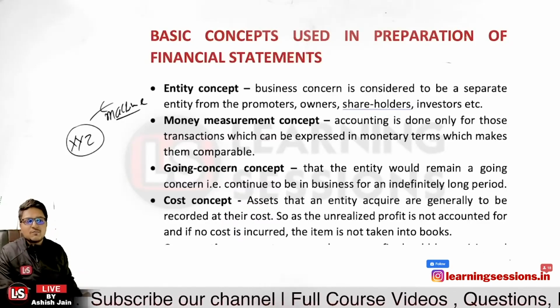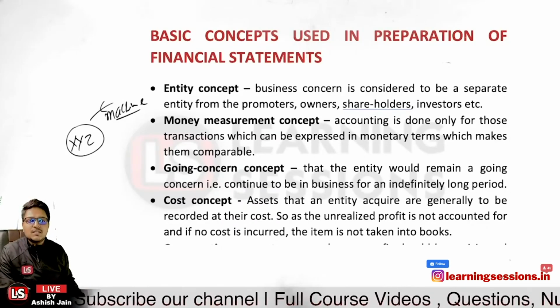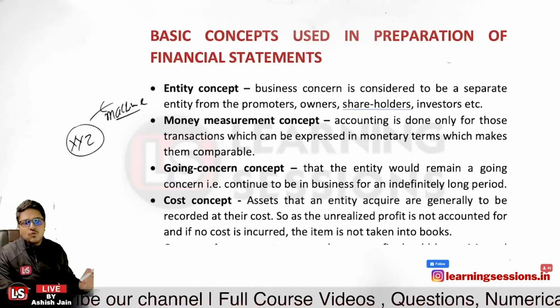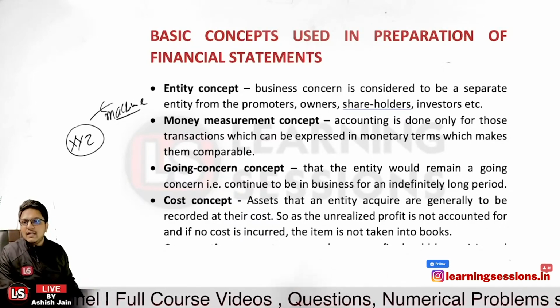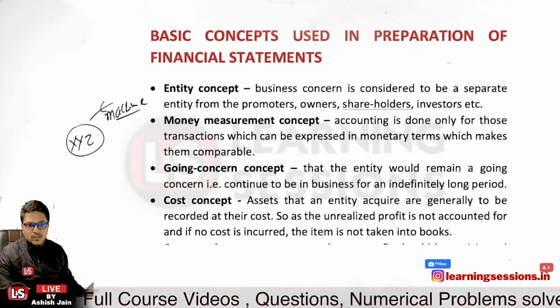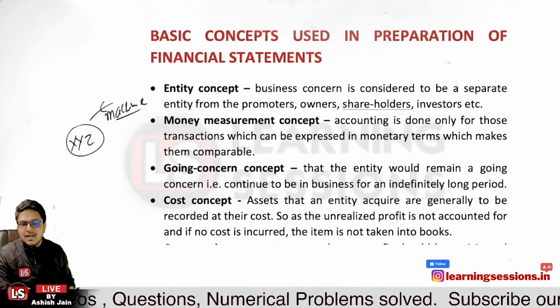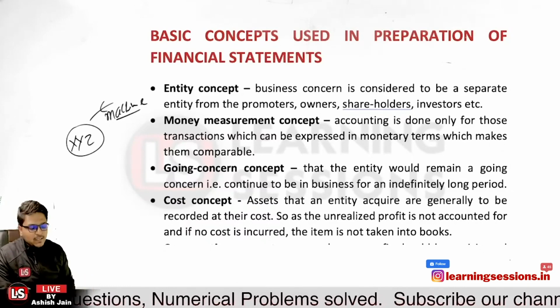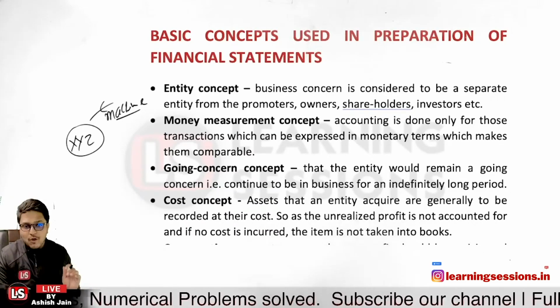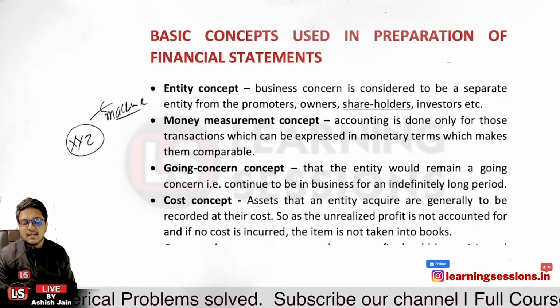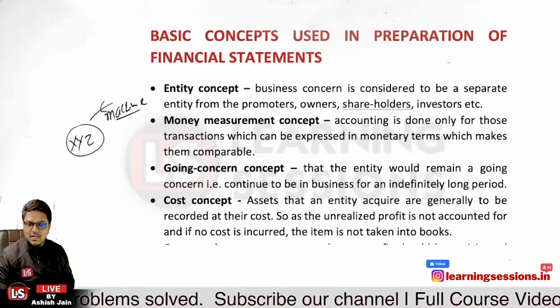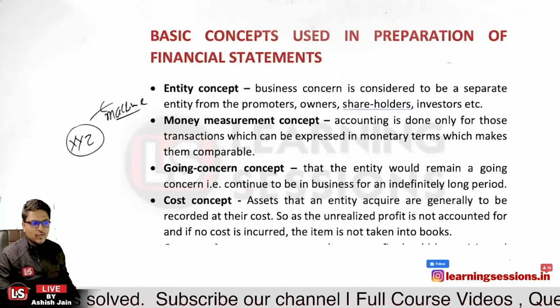So as unrealized profit is not accounted for, and if no cost is incurred, the item is not to be taken into the books itself. So it says if there is unrealized profit, it is not accounted for. And further, if you have received a machine for free, it will not be taken as an item into the books over there. Is that clear?